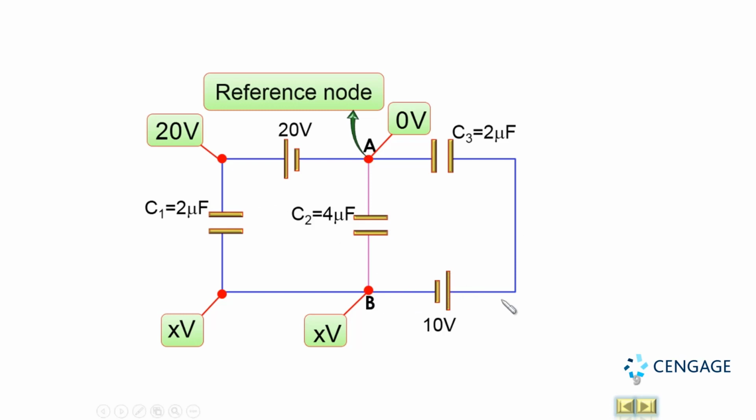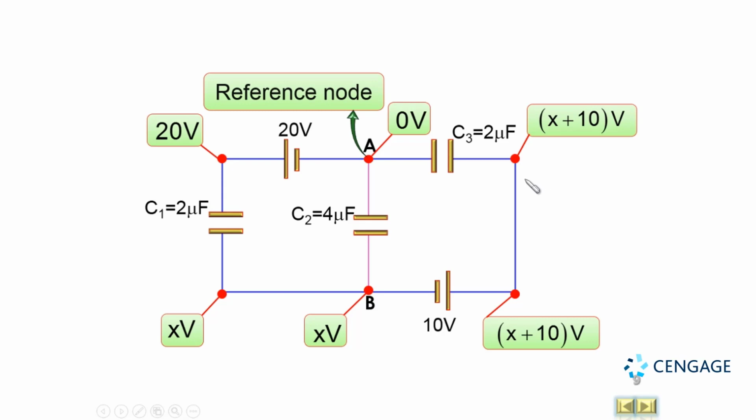That is, we need to write the potential of this point equal to X plus 10 volt. So this is X plus 10 volt, right? Now we can observe no other circuit element is connected across these two points. So the potential of this point should also be X plus 10 volt, right? Now we have assigned the potential of each and every node or junction, right?